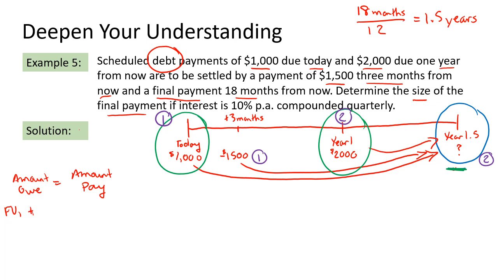So the future value of the payment you owe today plus the future value of the payment that you owe in 1 year have to be equal to the 2 payments that you made.